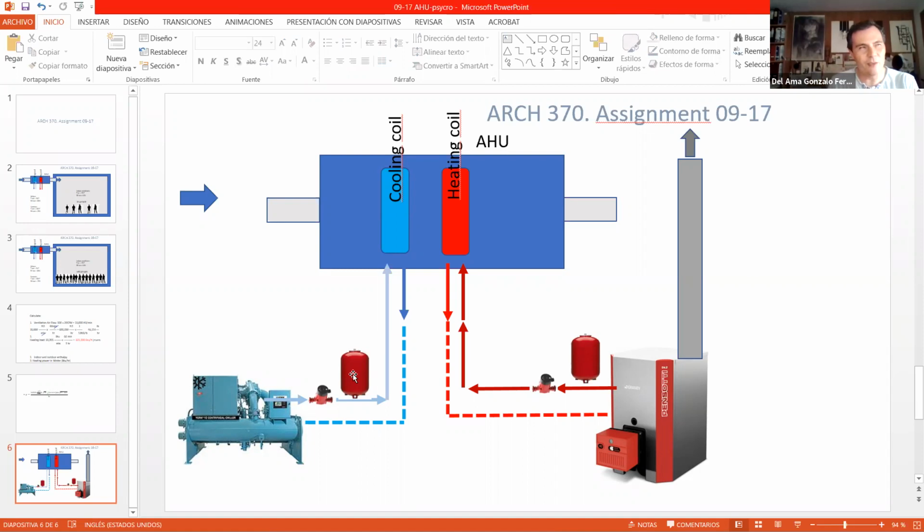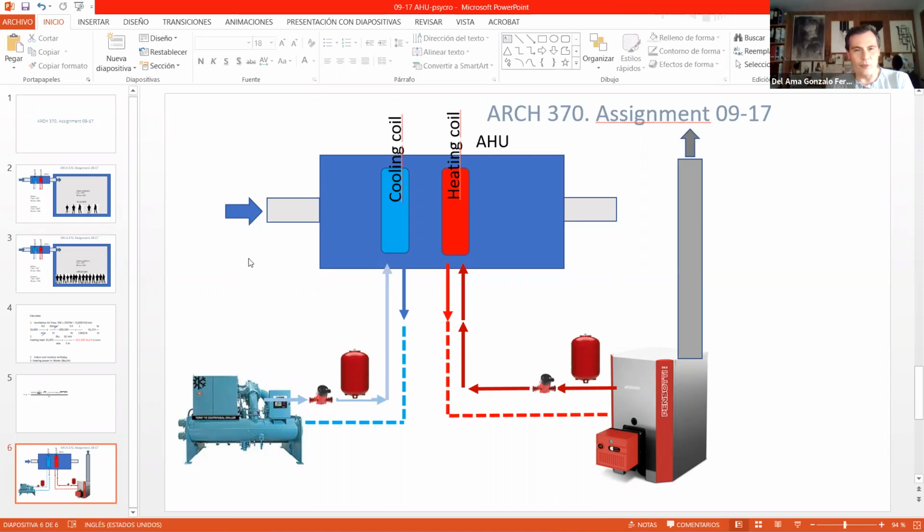In heating circuits, closed loop circuits, for sure we would need an expansion tank. Here, maybe it's not necessary, but anyway, it's there. And then we have this and that. So this is the schematics, and now what do we need?